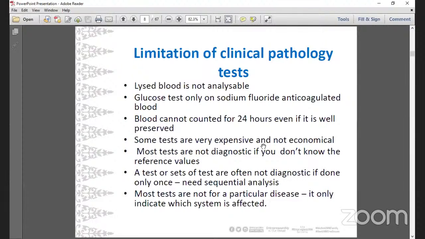And one very important limitation for us to take note of is that most tests are not specific to a particular disease, but only indicate the system affected. For example, high liver parameters such as alanine transaminase and alkaline phosphatase are not specific to a particular liver disease, but only indicate there is some abnormality. The liver system is affected.